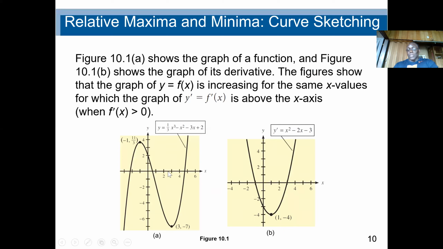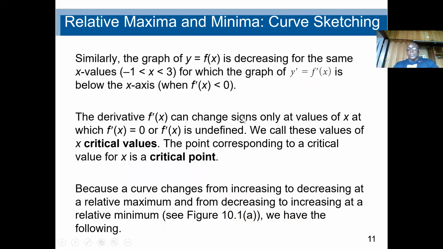And that's what we are trying to explain here. Despite that the original function has 2 turning points, the derivative of it has 1 turning point, but the interval where they were decreasing is the same interval, for which the graph of the derivative is below the x-axis. When what? f'(x) is less than 0.